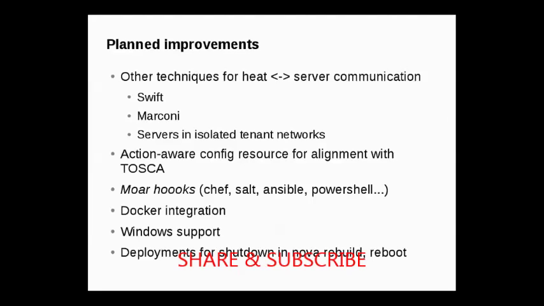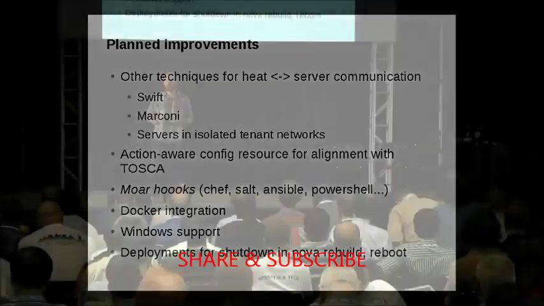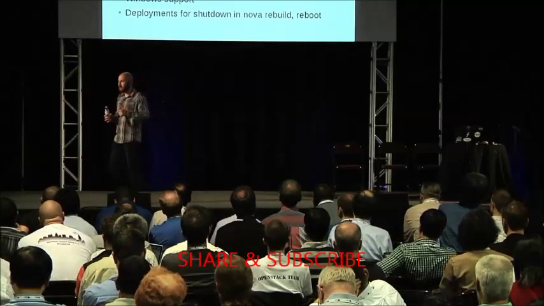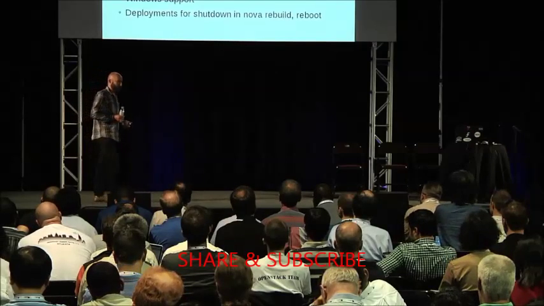More hooks, already mentioned that. Docker integration. We can either invoke Docker by booting a Nova server which has Docker installed and then using the Docker resource to deploy things inside it. It would be nice to get software config integrated with that.